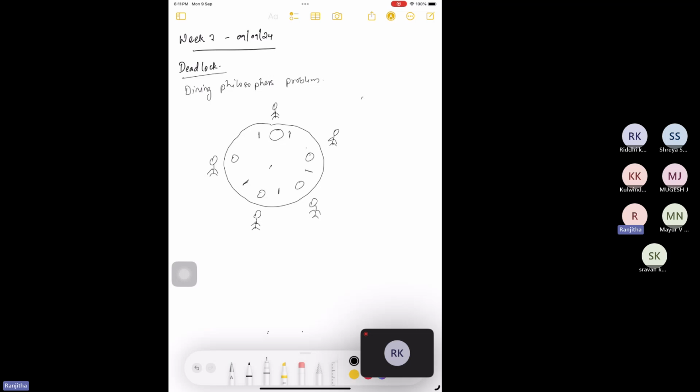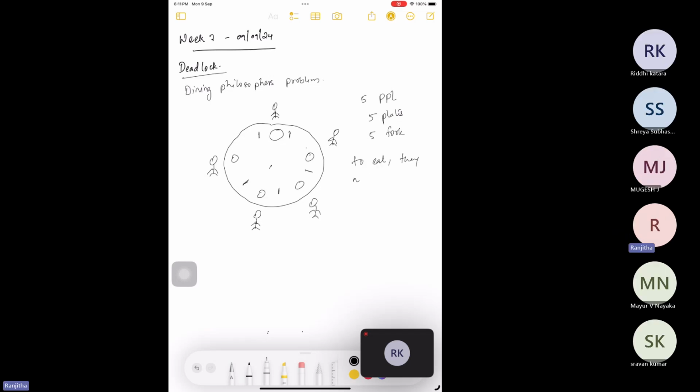So there are five people, five plates, and five forks available, and for each philosopher to eat, it needs two forks. For example, if these are P1, P2, P3, P4, and P5, if philosopher P1 wants to eat, it will take hold of the left and right fork and start eating.